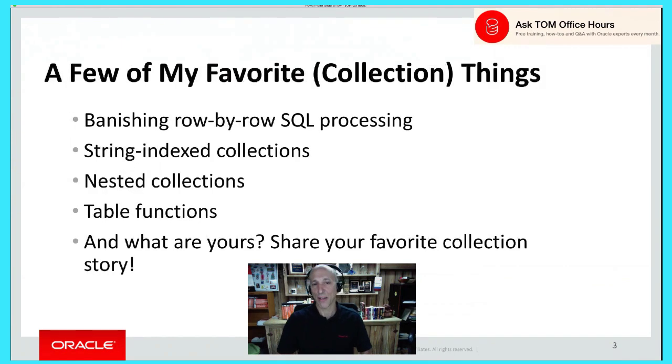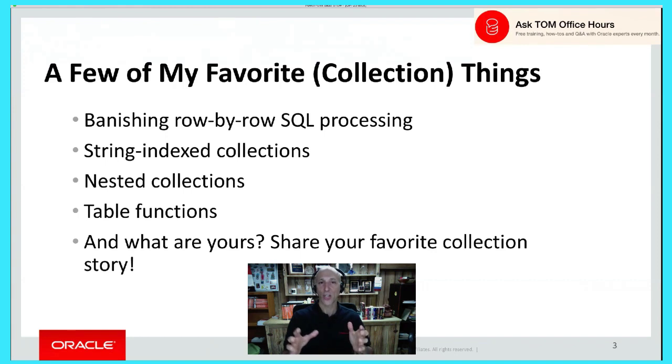So here are a few of my favorite collection things. We'll start by taking a look at banishing row-by-row SQL processing, one of the bogeymen of performance in Oracle Database and really any relational database. String indexed collections: you can index by integer, that's the default, but with associative arrays you can also index by strings, and that's really cool stuff. Nested collections are among the most complicated structures I've ever worked with in PL/SQL, but they are very powerful.